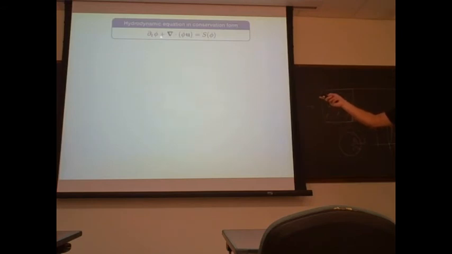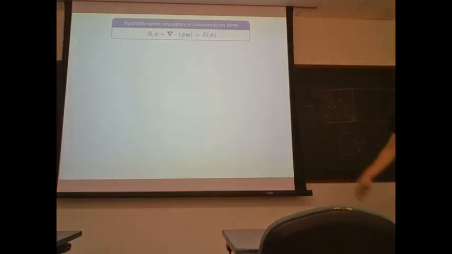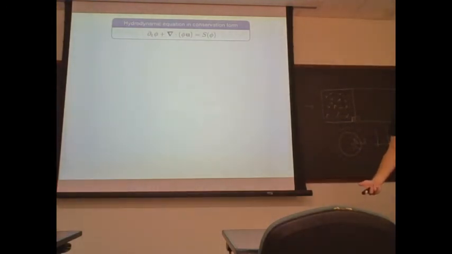So if I have some conserved quantity phi, then its rate of change plus the divergence of its flux, so the stuff flowing out, can only be equal to whatever is put into the cell or taken out of the cell. If nothing is put in or taken out explicitly, well, then the only way that quantity can change is if it flows across a boundary of that cell. If you had, like, a drain, then of course you can take stuff out.